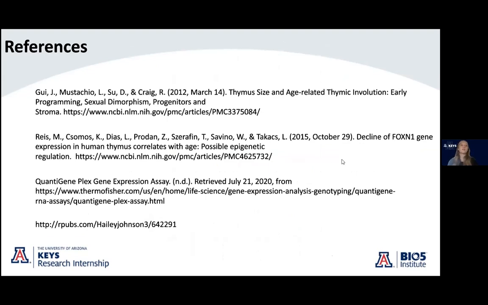But in this article, they actually talk about the methylation state. And they think that a reason that some of these genes, like FOXO1, that they studied might be decreasing with age, it might be because it's being hypermethylated. And that was really interesting to read about. But I hope in the lab I would be able to do more about why these are actually going on.